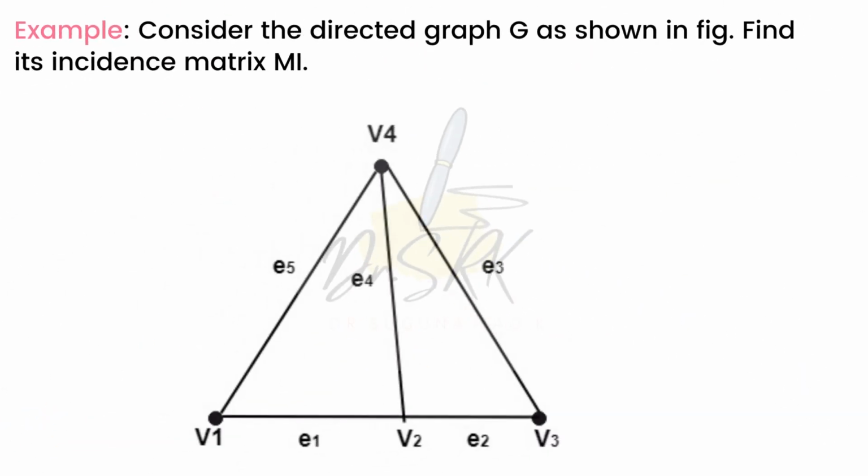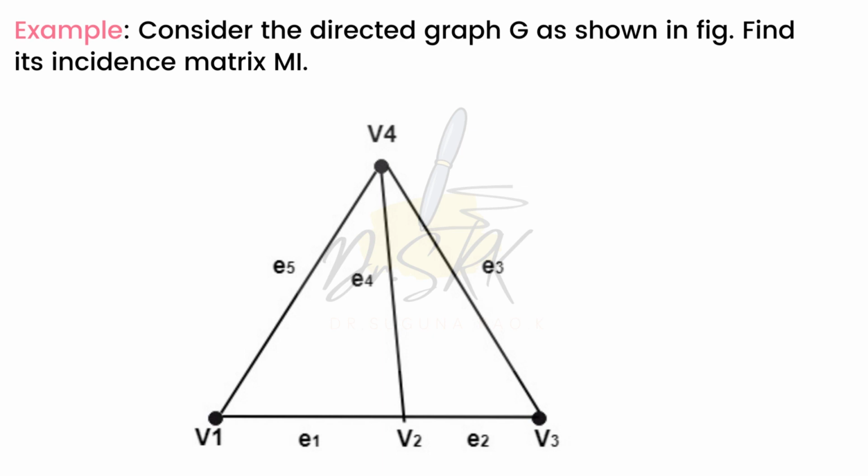So look at the example here. Consider the directed graph G shown in figure below. Find the incidence matrix Mi. Observe this graph carefully. Is this a directed graph or undirected graph? Yes, clearly this is an undirected graph.